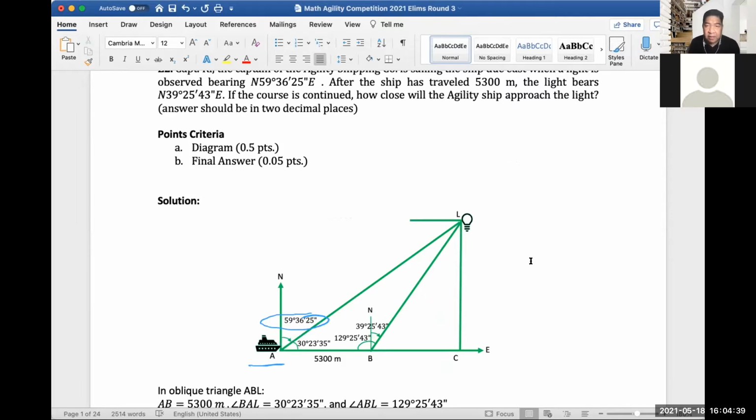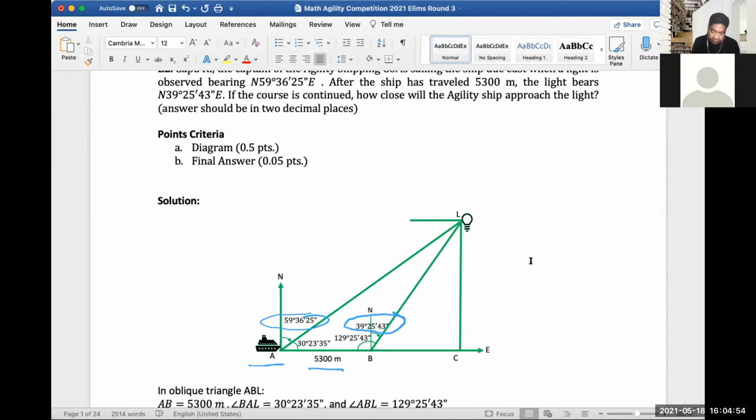And the other bearing that is given is after the ship traveled 5,300 meters, at point B, the bearing would be 39 degrees, 25 minutes, 43 seconds east.